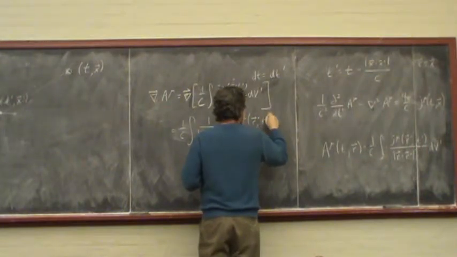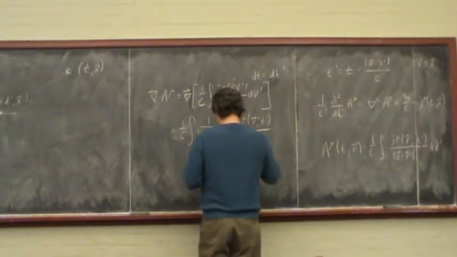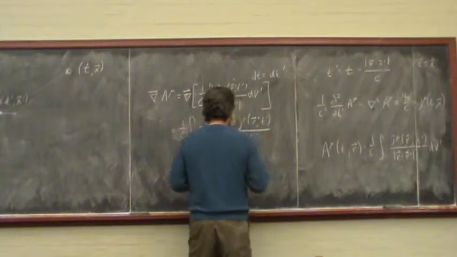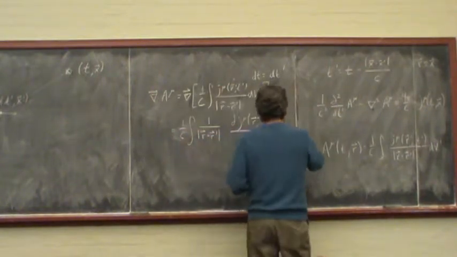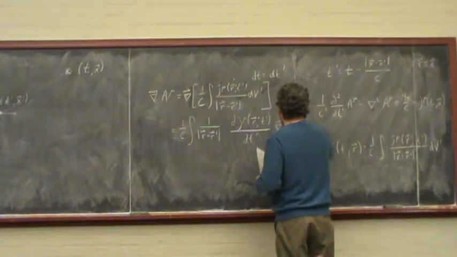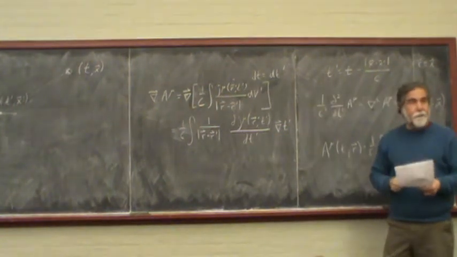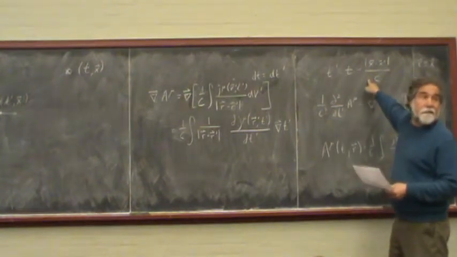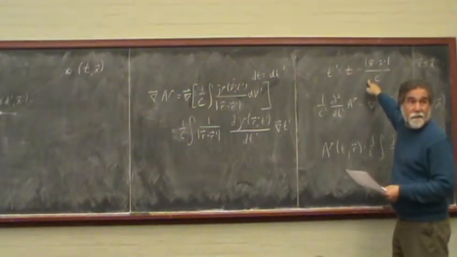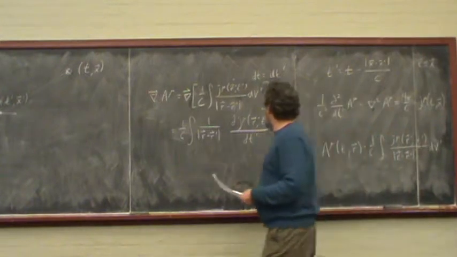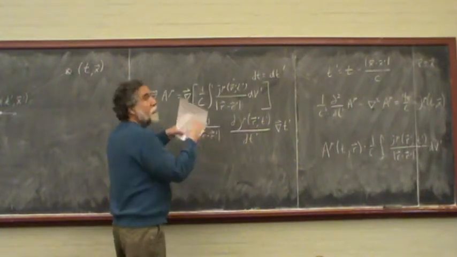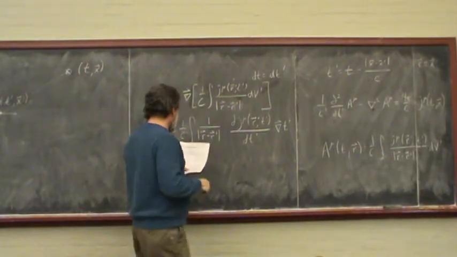So, this would be d j mu of r prime, t prime, dt prime, and then gradient of t prime. And t prime has got this form here, so there is a gradient for that. Then product rule, I've got to actually take the other derivative.